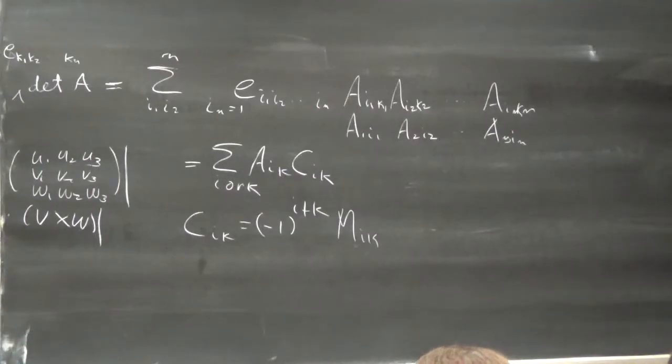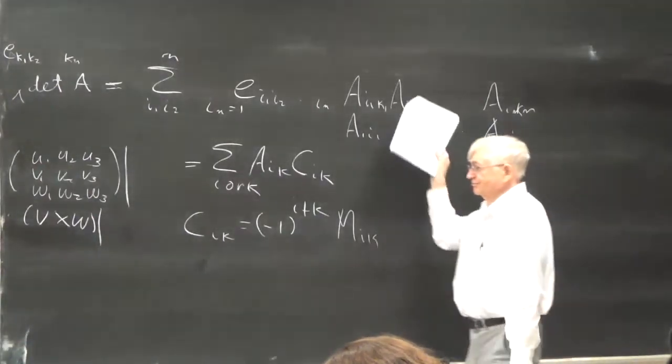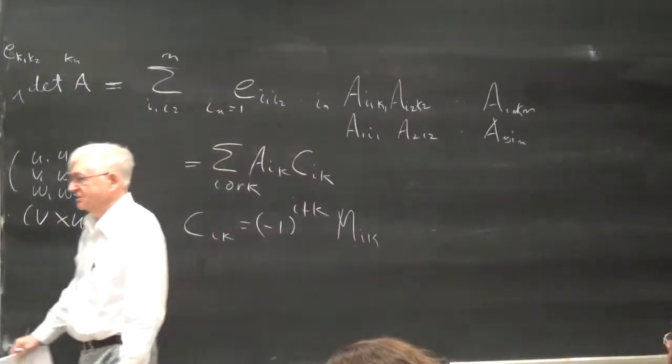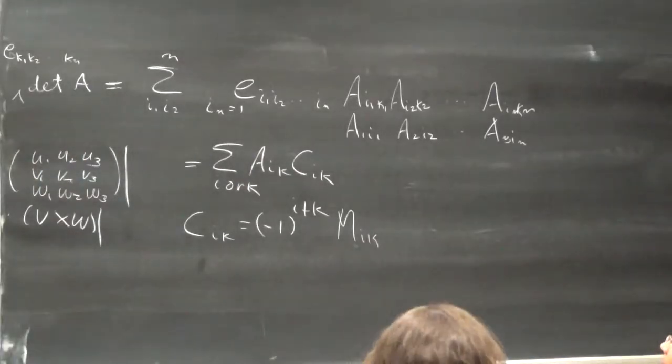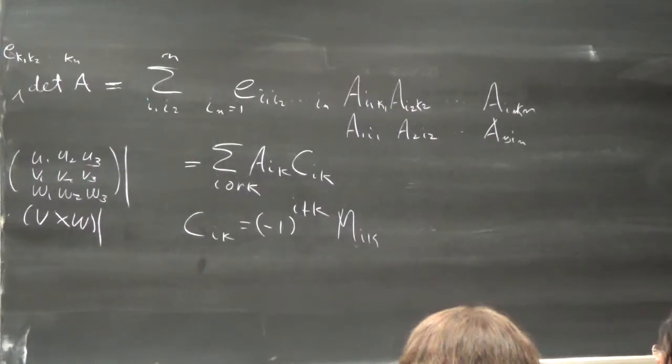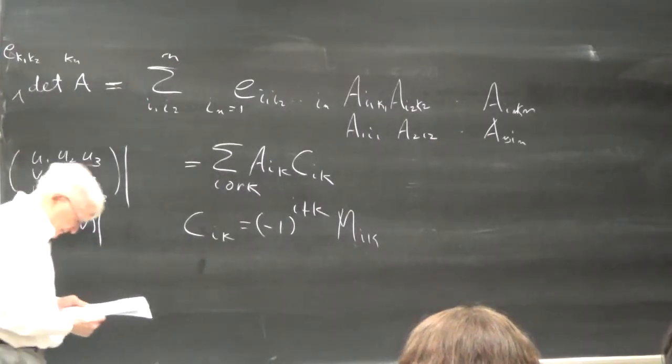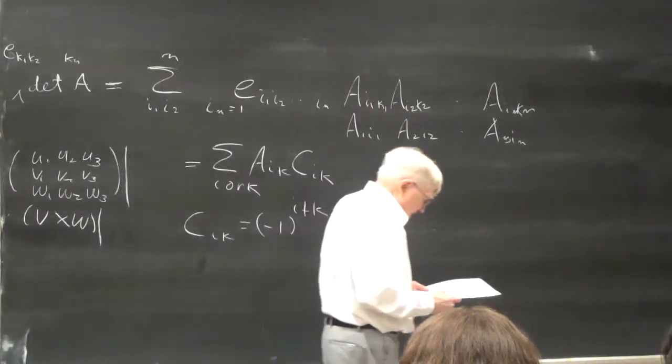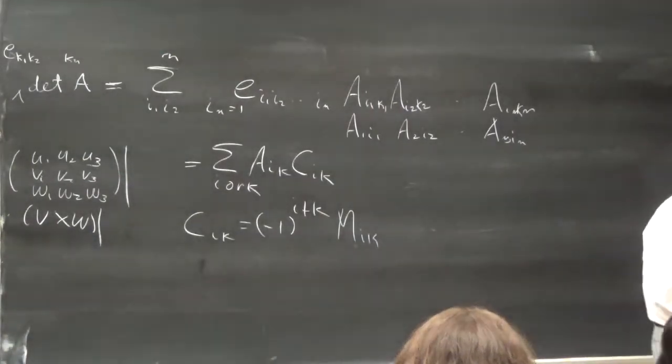Anyway, the formulas are already in the book. I emphasize these relations not because you use them every day, but they're occasionally useful, particularly if you're studying group theory. It turns out these relations become relevant.